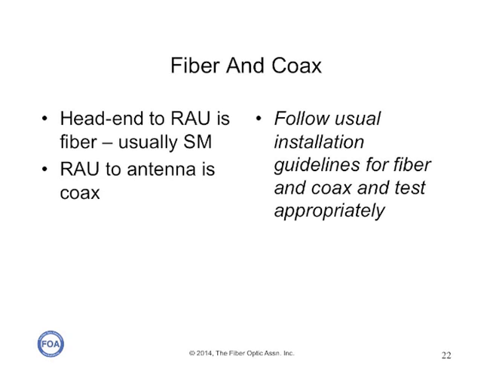A modern DAS will use fiber, typically single mode, to connect the head end to the remote antenna units, and then use coax to the antennas. Installers need to be familiar with both fiber and coax installation and testing.